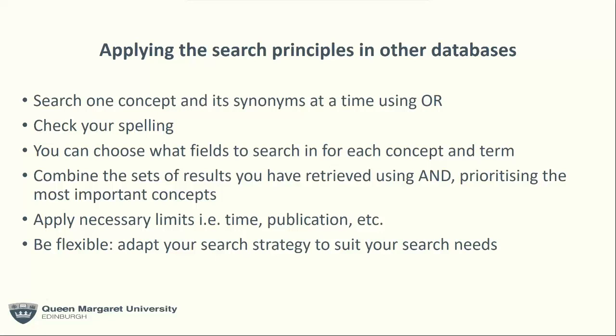Choose what fields to search in for each concept and term, if using separate boxes. Combine the sets of results you have retrieved using AND, prioritizing the most important concepts. Apply any useful or necessary limits.